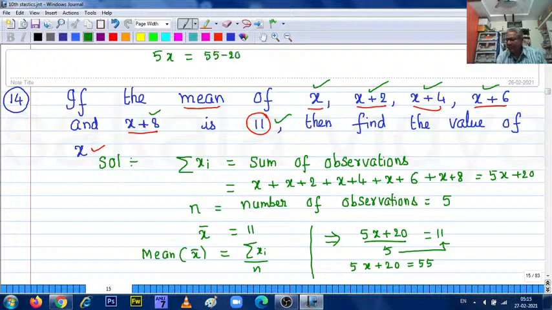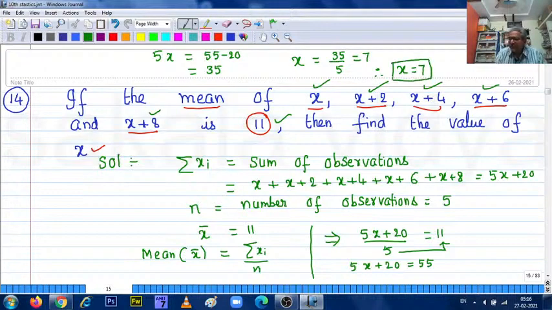What is 55 minus 20? Subtract 20 from 55. I think you will be getting 35. Yes, 5x is equal to 35. We need the x value. x is equal to 35 by 5. 5 times 7 is 35, 7. So therefore x equals 7. The value of x is equal to 7.